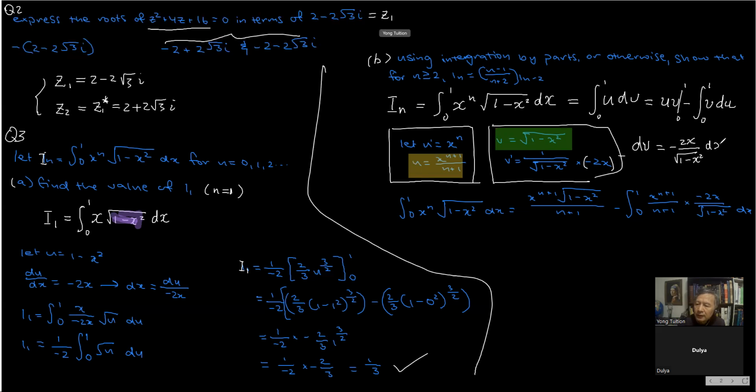Can you see that? And if that's what you're trying to do, I don't think so. So this is u, right? But did you use u and v? You have two choices. Did you use v du or u dv?